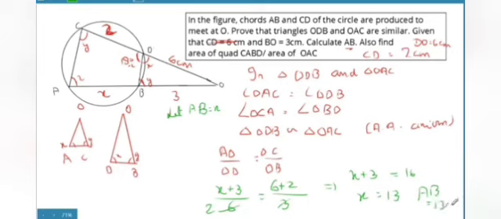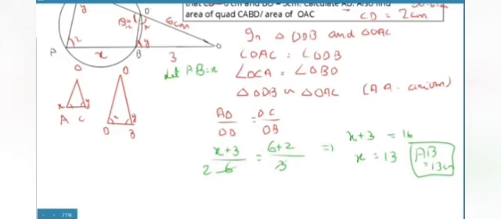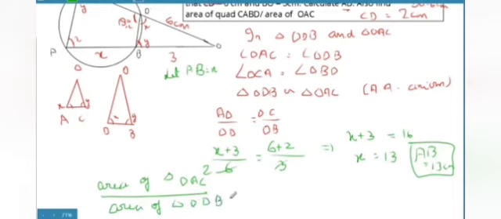Now we need to find out area of quadrilateral CABD upon area of triangle OAC. So what we can do here? Now I am taking area of triangle OAC upon area of triangle ODB.